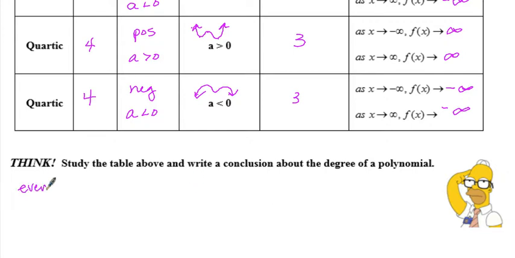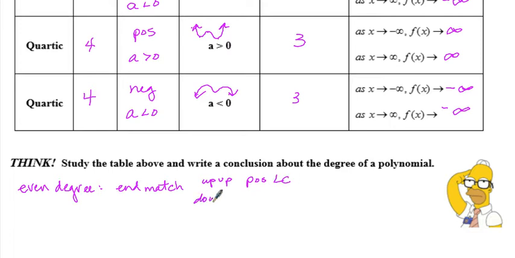For even degree polynomials, the ends match, the end behavior matches, and it's up, up for positive leading coefficient.